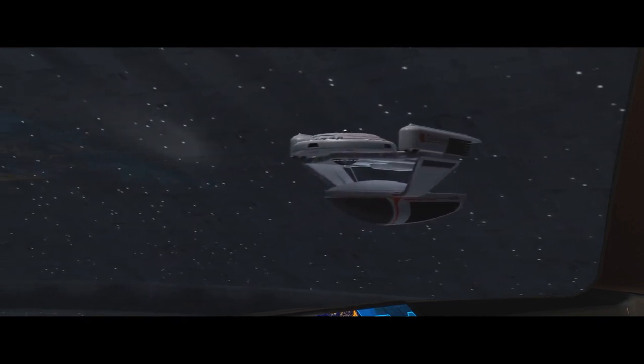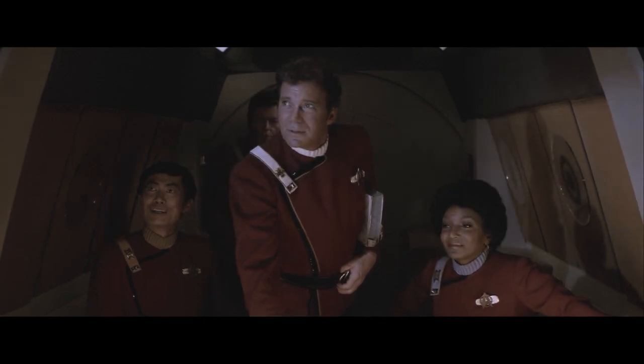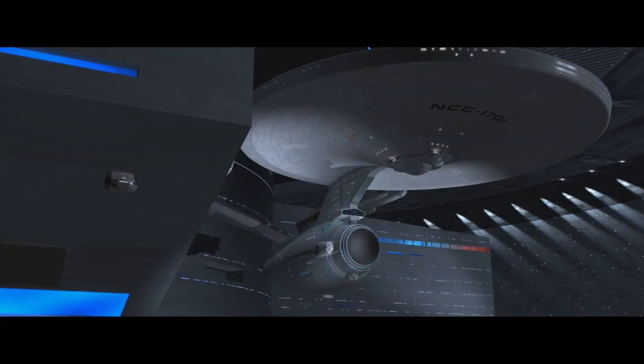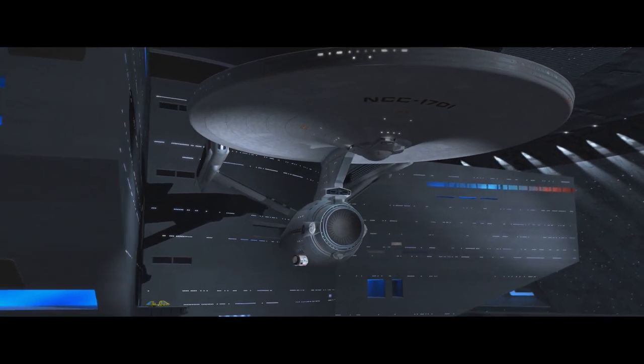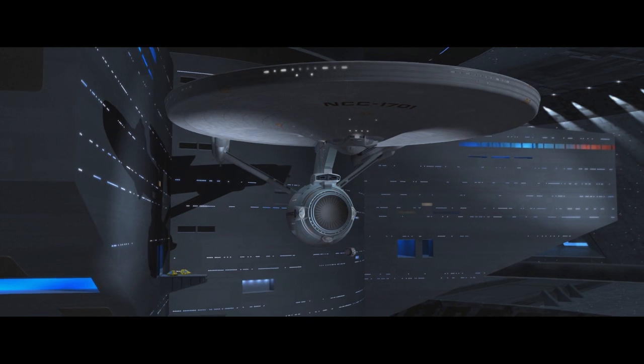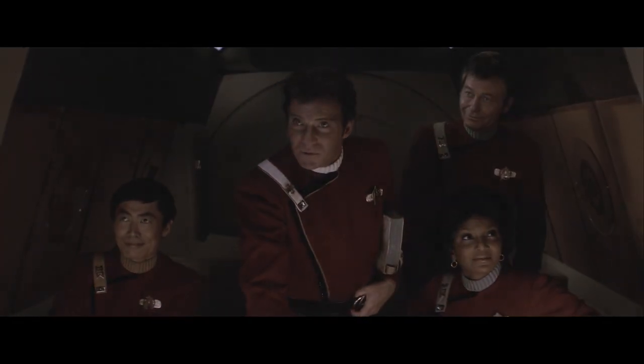I hate inspections. I'm delighted. Any chance to go aboard the Enterprise. Well, I, for one, am glad to have you at the helm for 3 weeks.